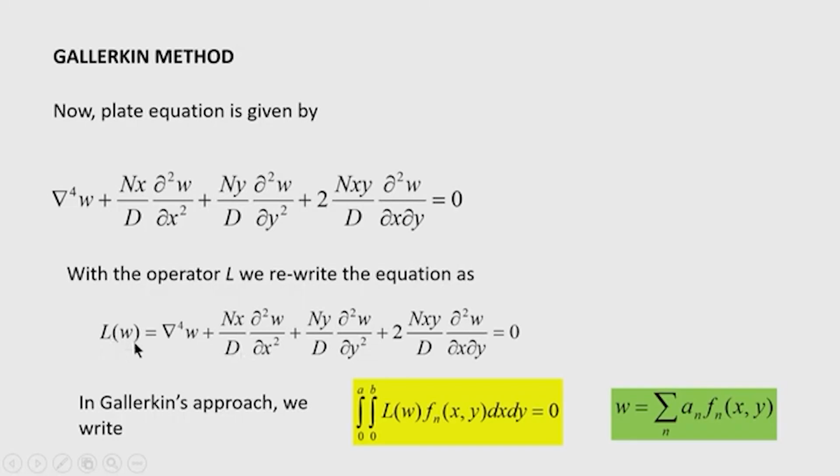Now, in the Galerkin approach, again we require to choose the shape function. So, shape function is chosen in the same way that we have carried out in case of Rayleigh-Ritz method. So, shape function is chosen such that it satisfies the geometrical and force boundary condition.